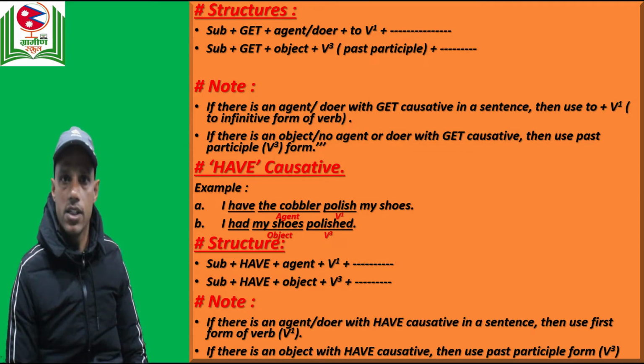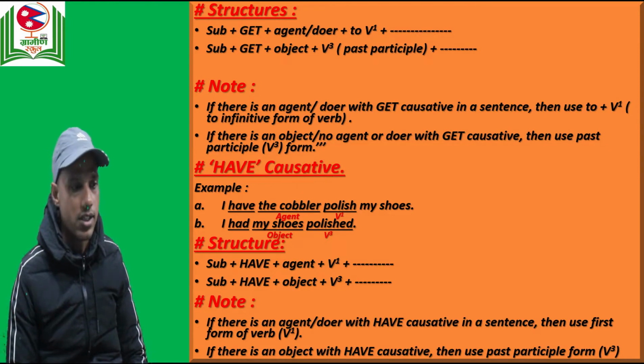But if there is no agent, then which form of verb do we have to choose? When we have an object with get causative, then you should choose the past participle form of verb, that is verb 3. In simple words, verb 3 form or past participle form of verb.